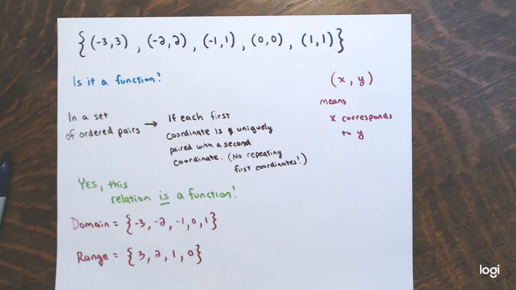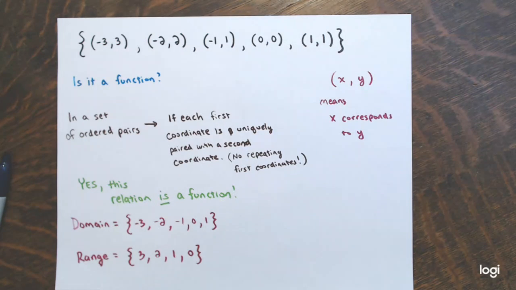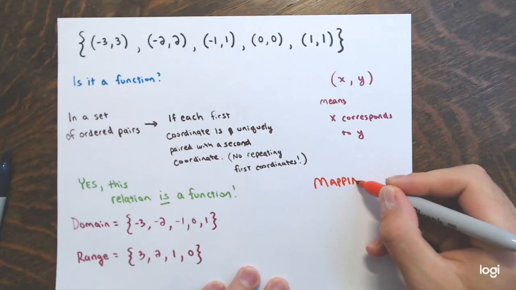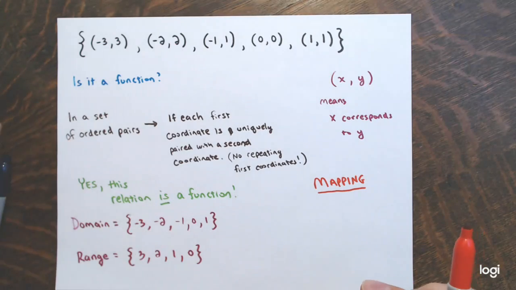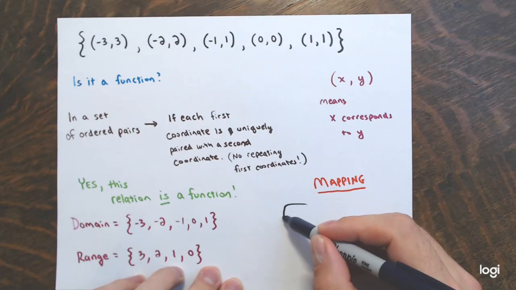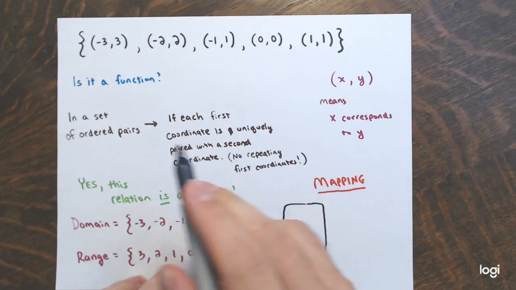Great. Now, if you didn't see that, if it's a little trickier maybe with all the numbers, and you like pictures, you can always draw a mapping. I'll do that off to the side here. Especially when there's only a finite number of ordered pairs, like there's only 5 ordered pairs here, so making a mapping wouldn't be too terribly difficult. So I have this box, where I put in the elements of my first set, all the first coordinates.